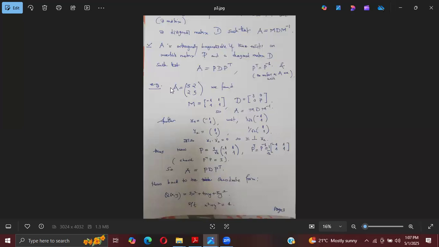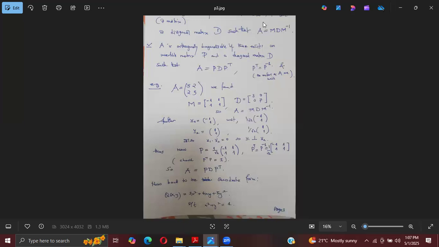A matrix A is said to be diagonalizable if there exists an invertible matrix, here I'm calling it M, and a diagonal matrix D, such that A can be written as M times D times M inverse.